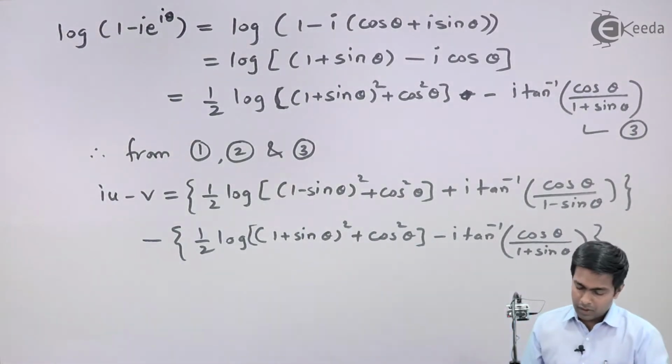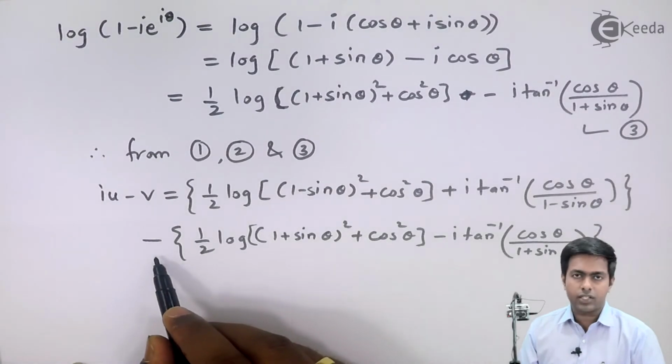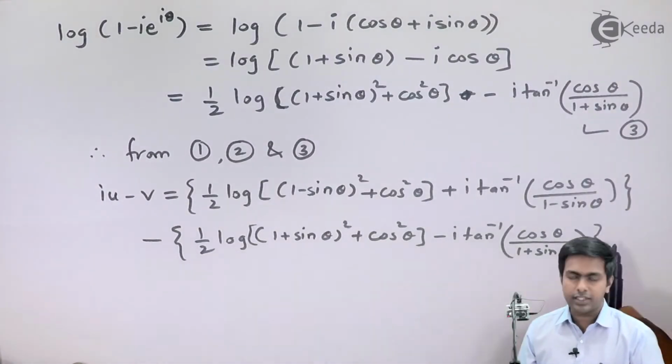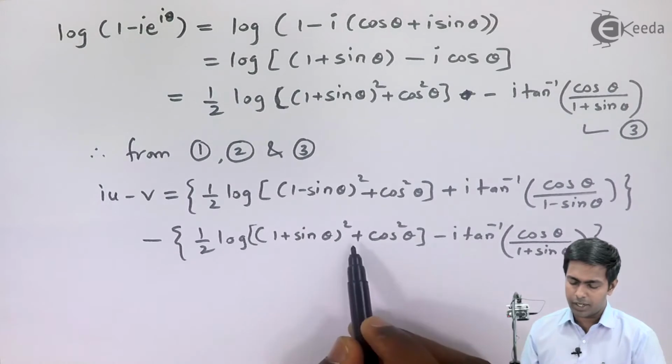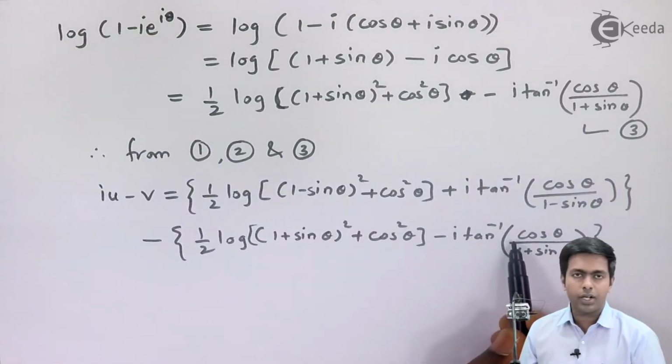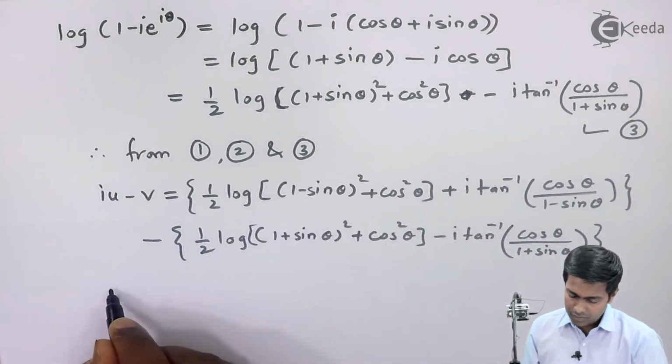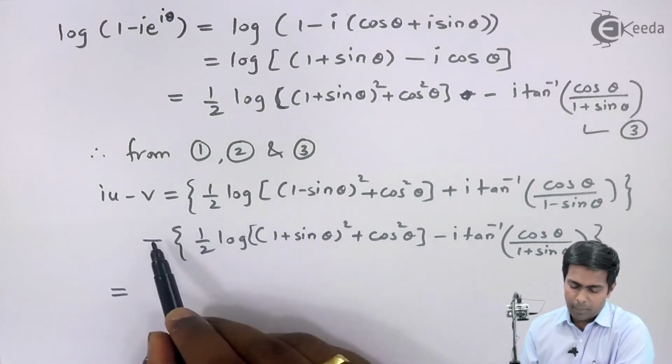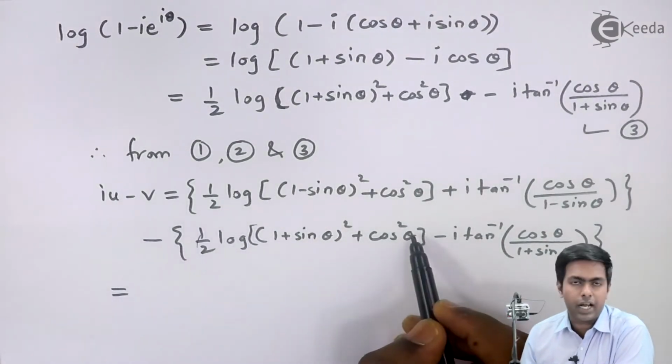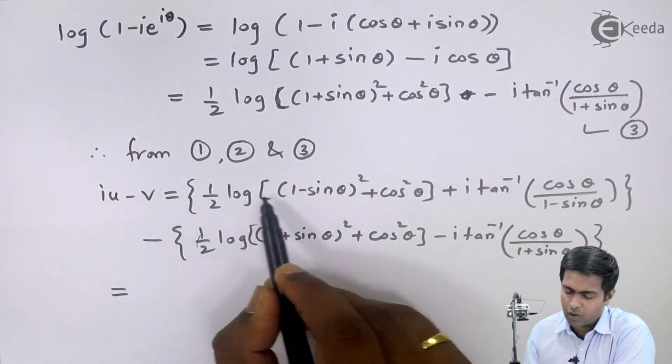Now, as we have a negative sign here, the sign of the terms inside the bracket will change. So the first term will become minus and the second term will become plus. So this term will become minus of half log of this bracket, and we have half of log of this bracket.